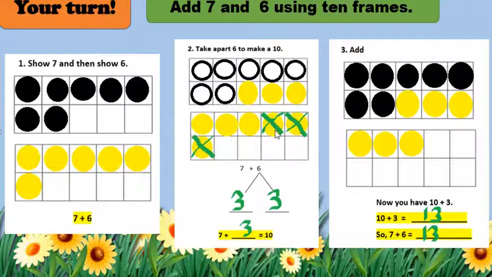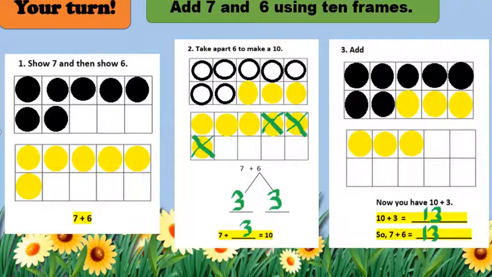Since I needed 3, I put X's to my 3 counters. 1, 2, and 3. So I know that I needed to have 3 counters to have 10. So 7 plus 3 is 10, and remaining is 3. So 3 plus 3 equals 6. The equation will be 7 plus 3 equals 10.